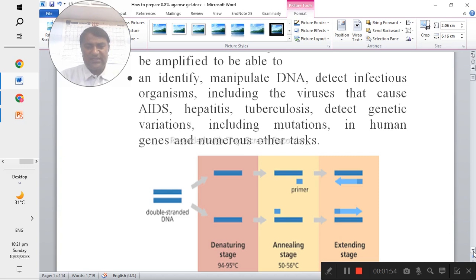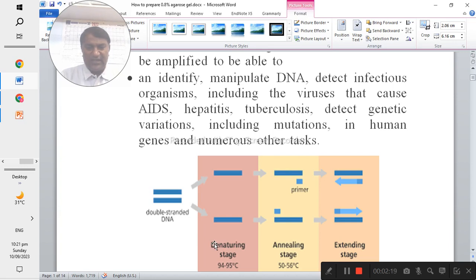Here is a little sketch. Double-stranded DNA, when you perform the PCR technique, three main steps are involved: denaturation, annealing, and extension.